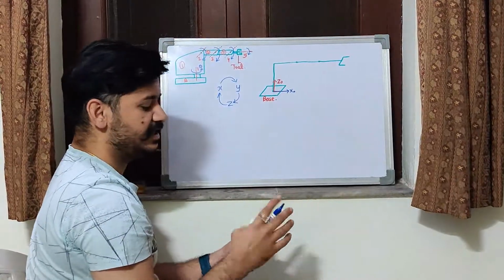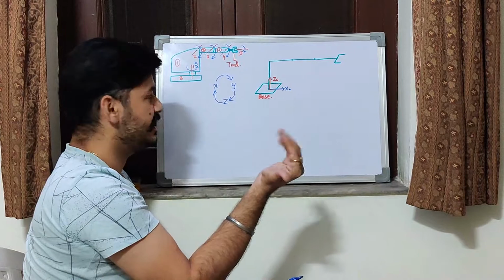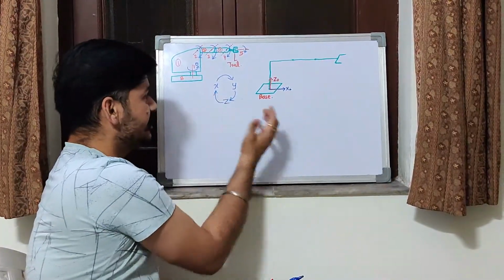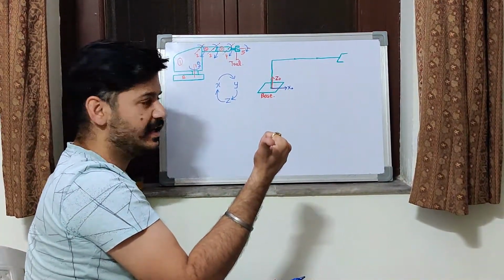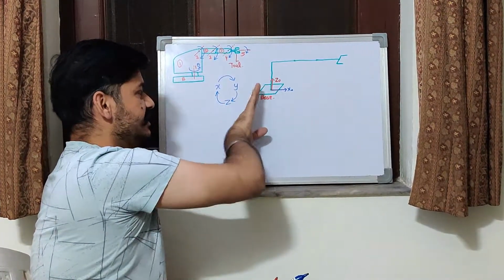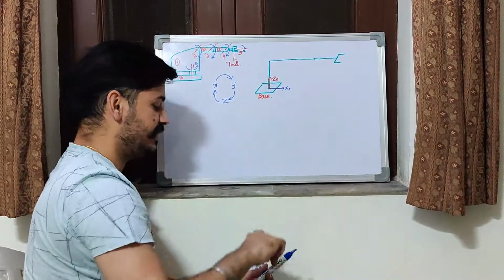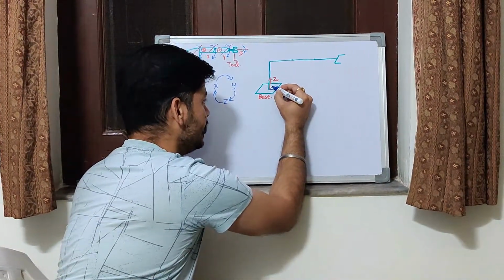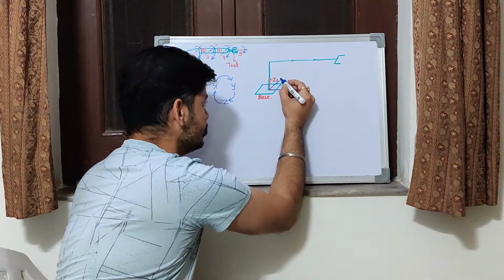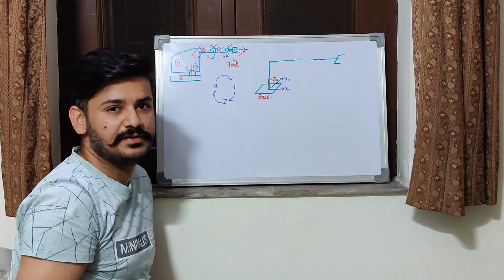If this is the curling of the fingers, moving from z to x, then the thumb will give you the y direction. Over here we are moving from z, that is vertically upward, to x, and the thumb will give you the y direction. So the y direction will be pointing inside the board. So this is the y direction for the first coordinate frame.